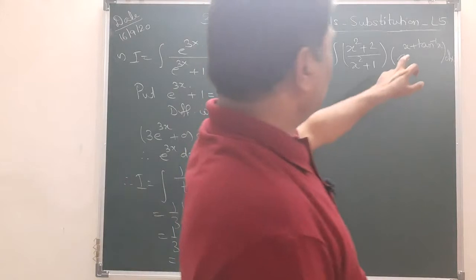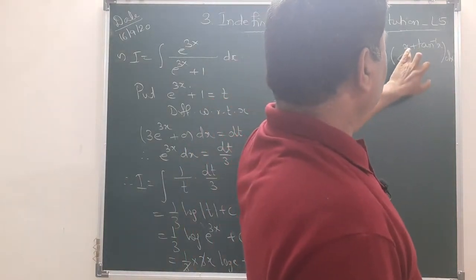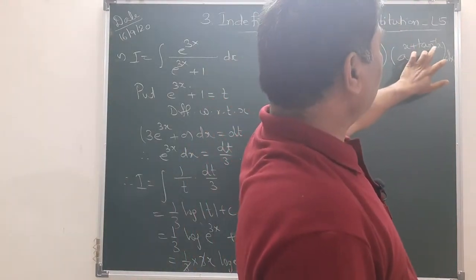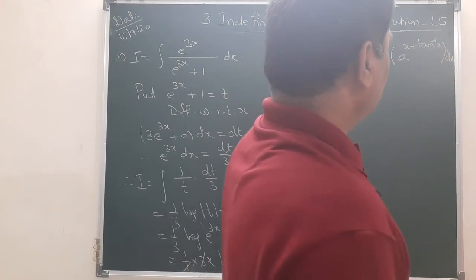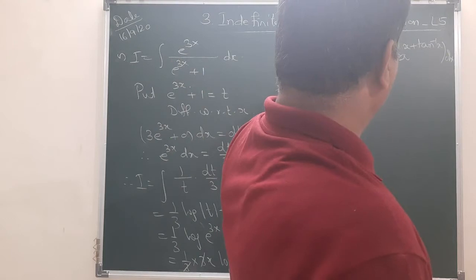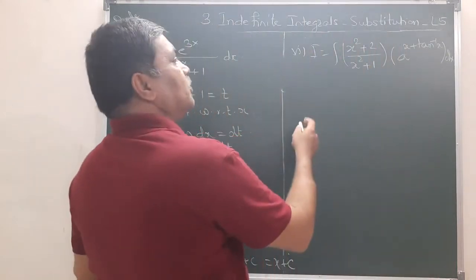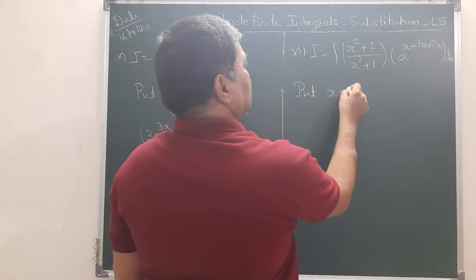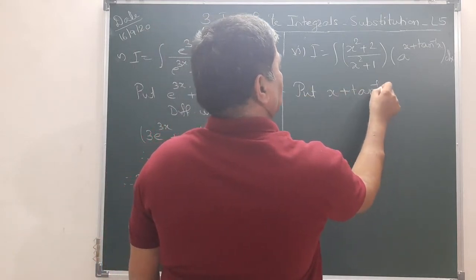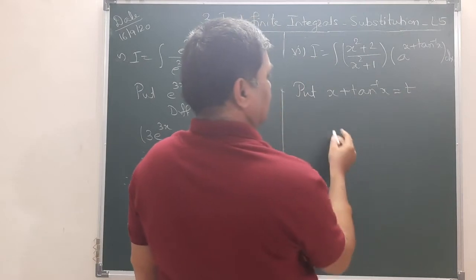Now here if you observe, the derivative of x is 1, and the derivative of tan inverse x is 1 upon 1 plus x square. Simplifying, we will probably get this term. So we'll put this power to be t. Put x plus tan inverse x is equal to t.